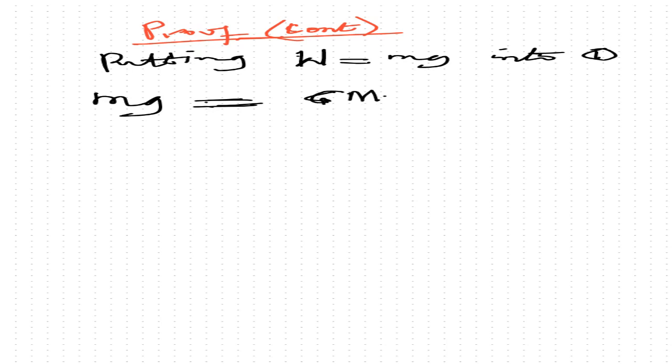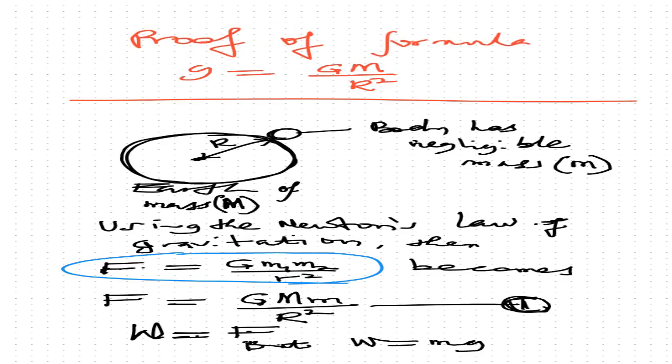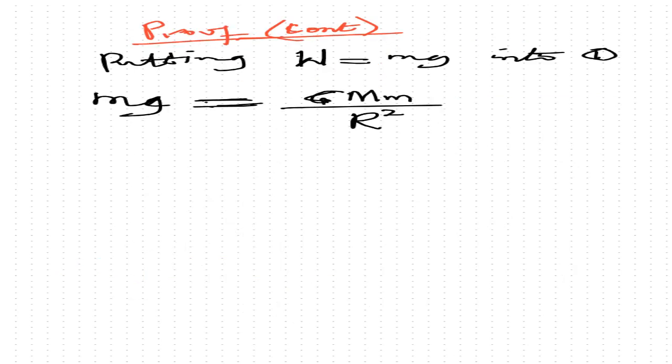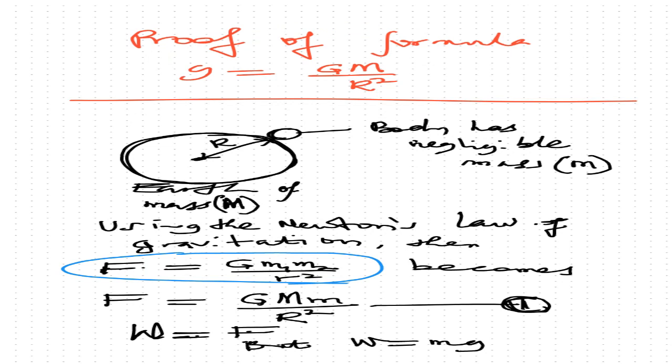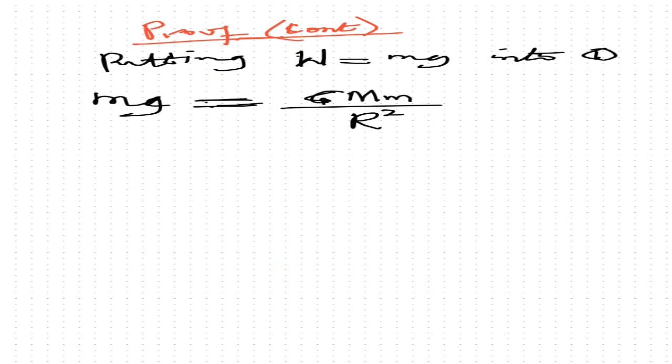Check it. When we put W equals mg into equation 1, are we going to get this? At this juncture, we have small m here and small m here.